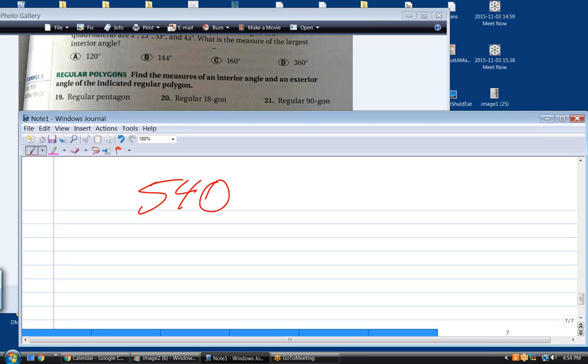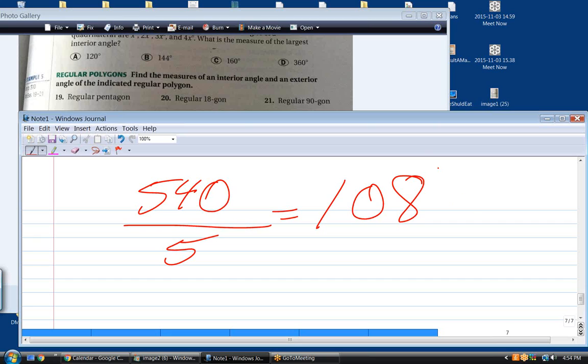So what's each? It says find the measure of an interior angle. That'd just be 540 divided by 5, right? So every interior angle on a regular pentagon is 108 degrees.